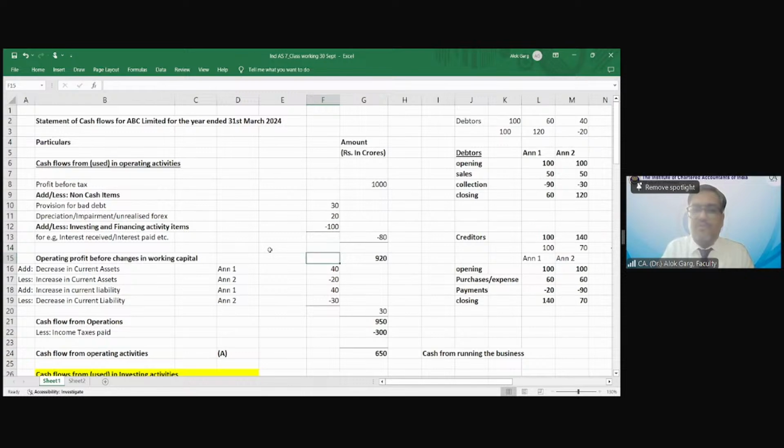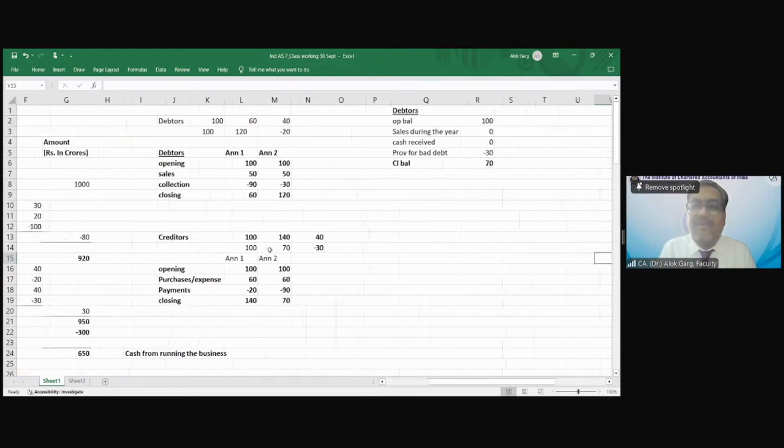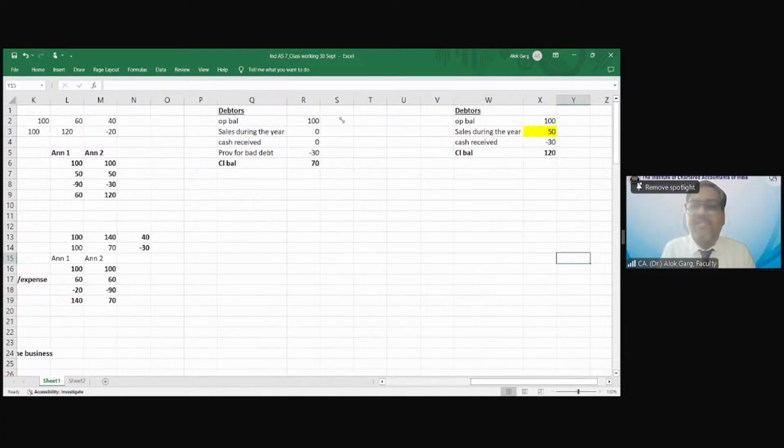Now you have arrived at operating profit before changes in working capital. Now you check your working capital, current asset and current liability movement. What is the current asset movement? Opening balance minus closing balance. What is the movement? 30 rupees.